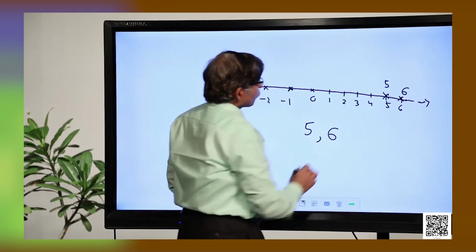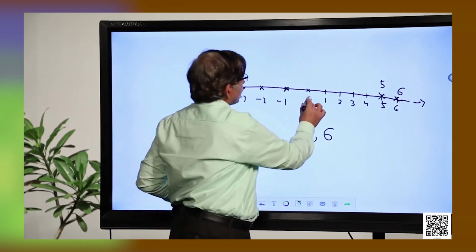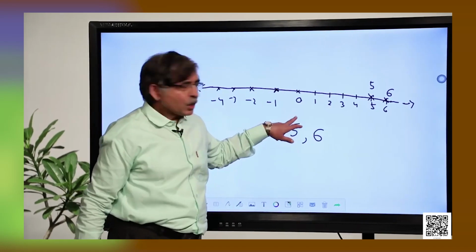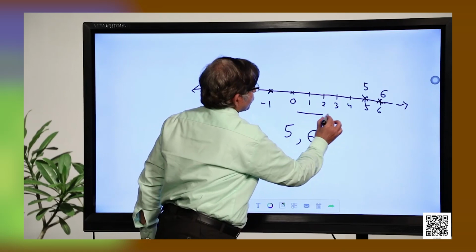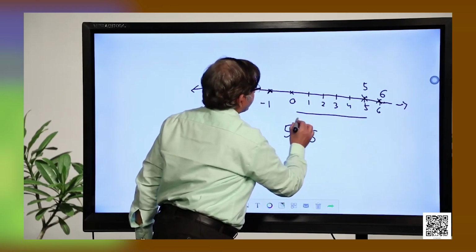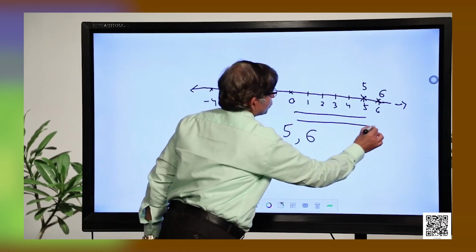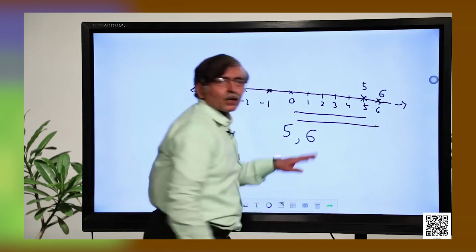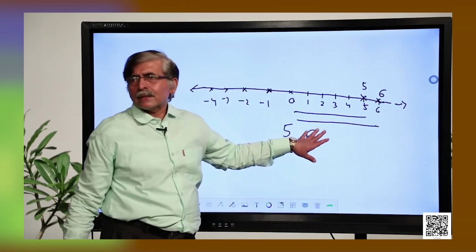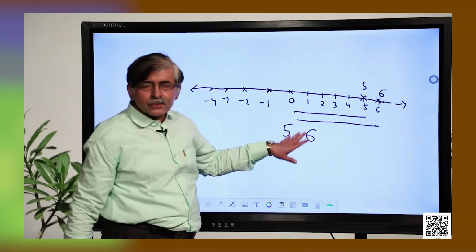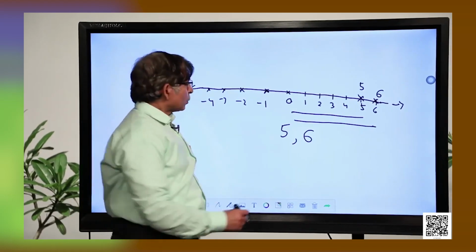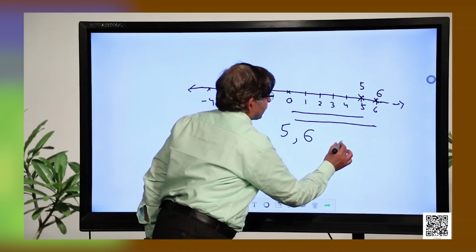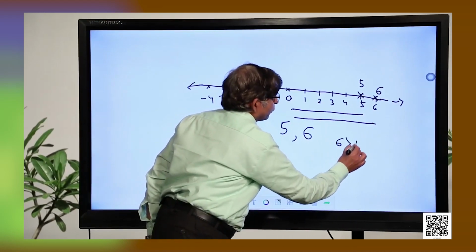If we consider the distance from 0, this is our 5 and this is our 6. So from the line also we can understand that 6 is greater than 5, and we can write that 6 is greater than 5.